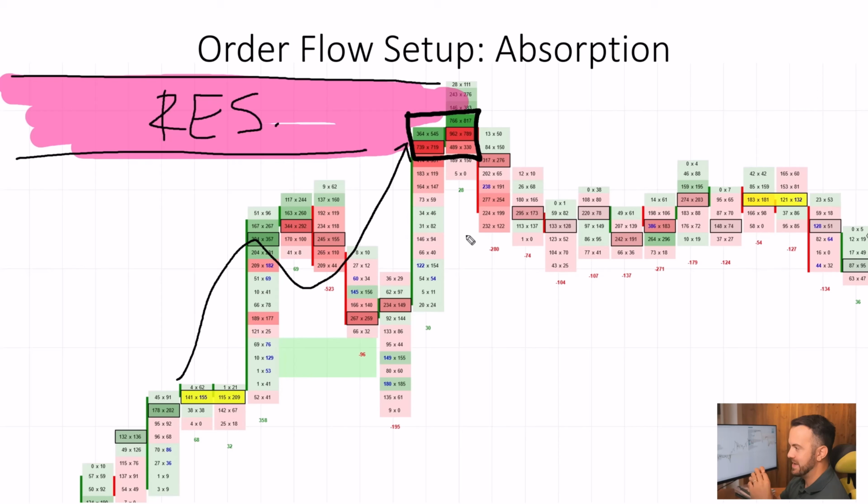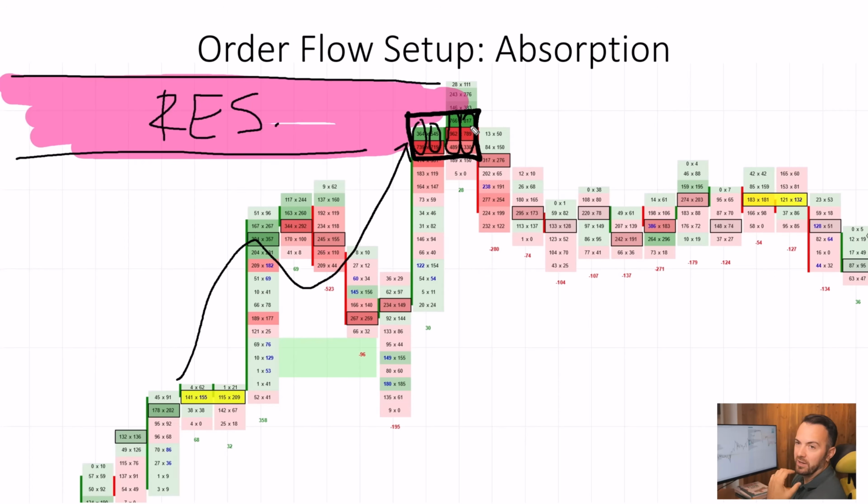Now it doesn't need to be at one volume node or in one cell in the footprint. It could be spread across multiple cells. Actually, it's more often like this, spread over multiple cells. But if you spot unusually huge volumes both on bid and ask, here, also here and here, around the support or resistance zone, then it is absorption.